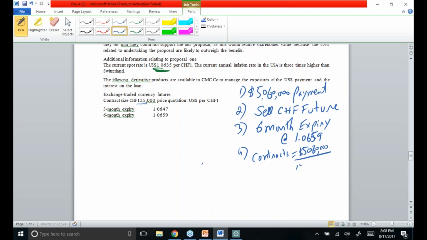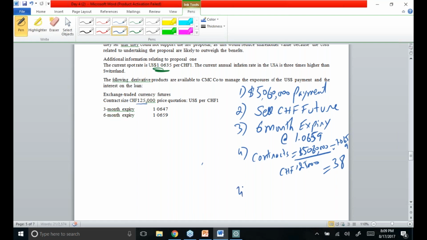You can't divide dollars by CHF, so you will have to convert the dollar into CHF using the future rate. And the number of contracts will be 38 contracts.